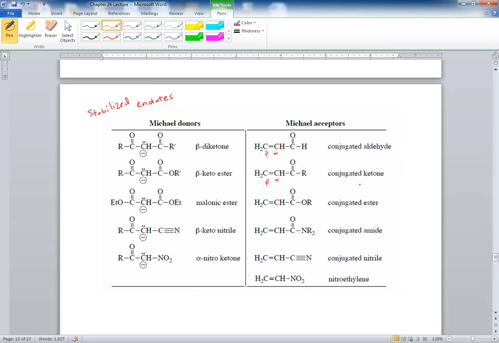So you have all of these conjugated compounds that serve as that. And let's actually, in the next video, talk about how to predict or how to come up with what makes a final product, or what was the Michael donor or what was the Michael acceptor.